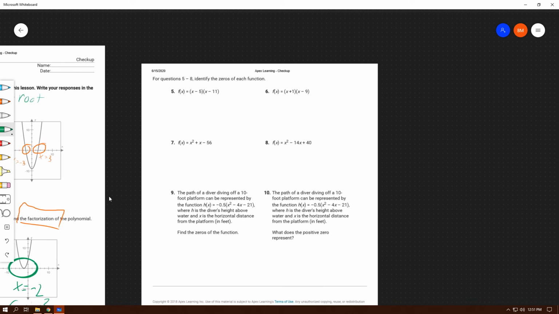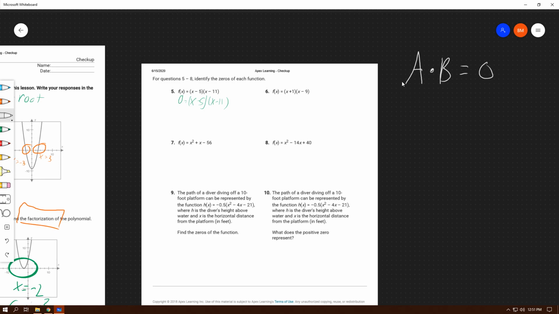All right, now identify the zeros of the function. So I'll do the full way we're supposed to. This is supposed to be 0 equals x minus 5, x minus 11. And what we have to remember is if we have a situation where we have a times b, and we want the result to be 0, well, anything times 0 equals 0.